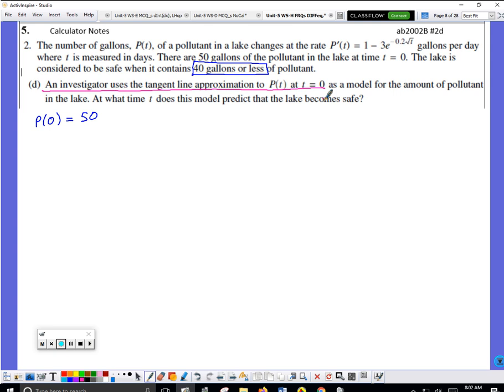Okay, an investigator uses the tangent line approximation to P. That reminds me of my favorite picture. I have a graph of P, so I'm going to cheat a little bit. I happen to know that it will make more sense if we draw P this direction than the other direction, because the pollution level is dropping.